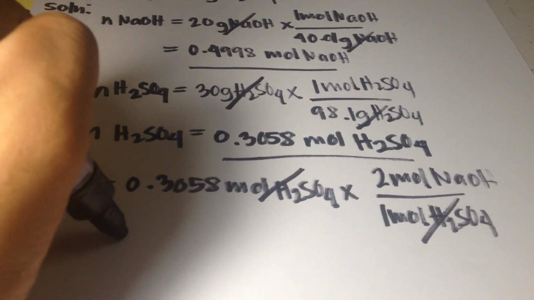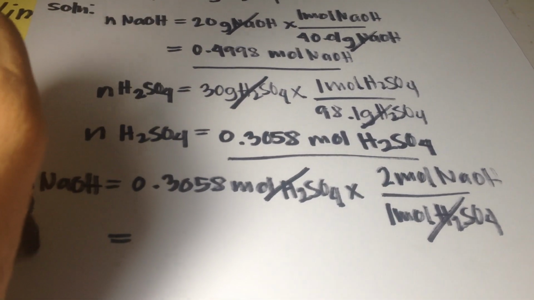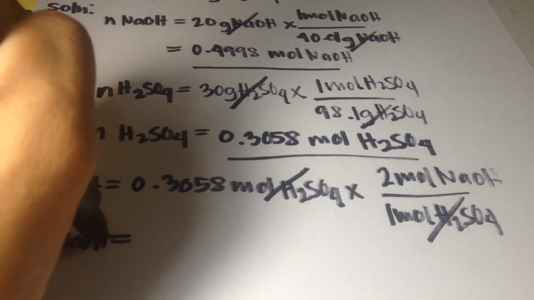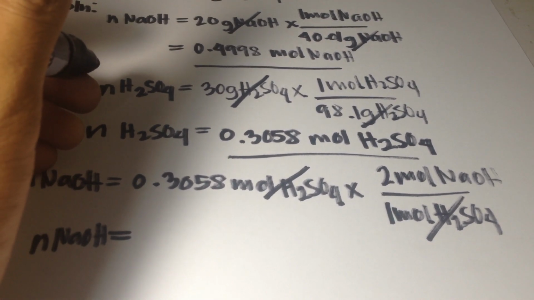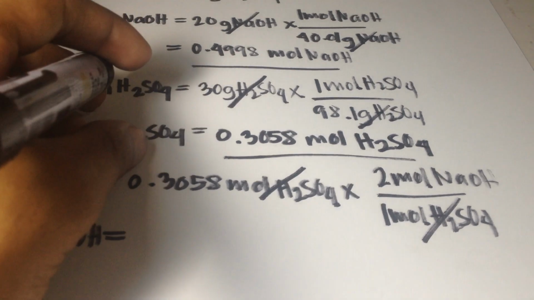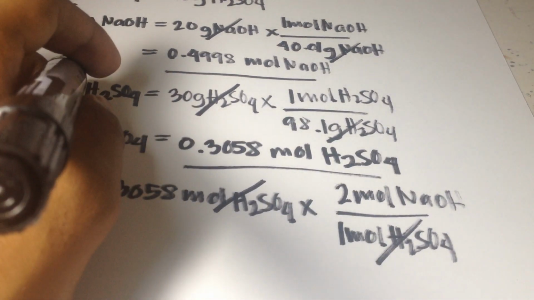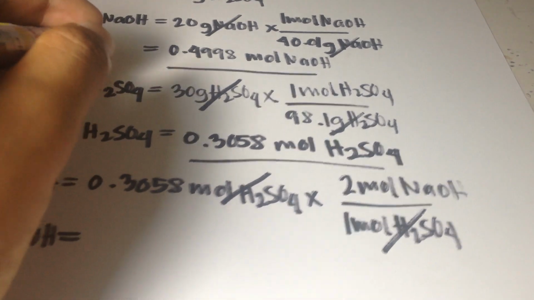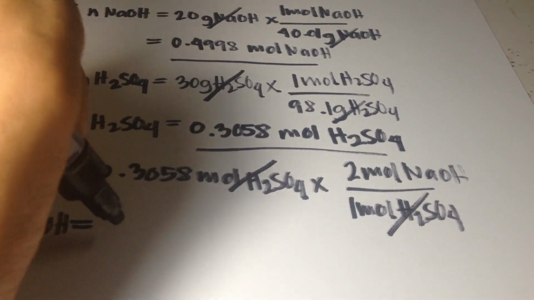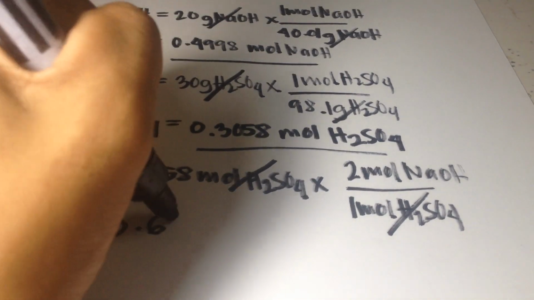So n equals 0.3058 times 2 is equal to 0.6116 moles of NaOH.